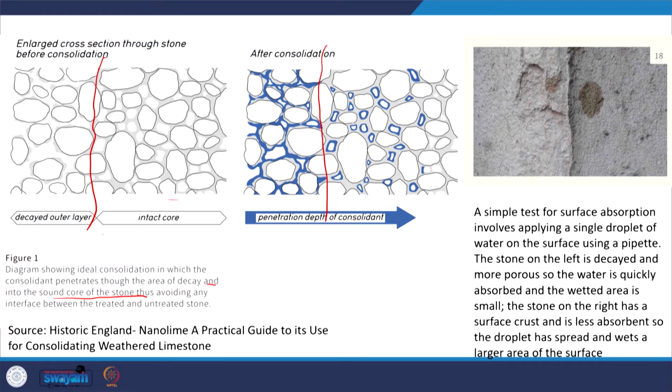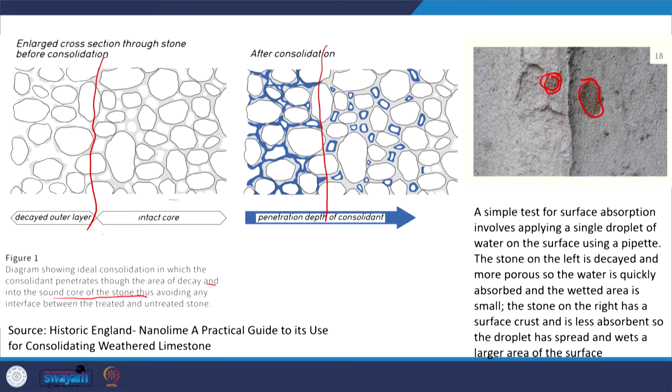There are many other tests. I'm just giving an understanding of one type of test, the surface absorption test. You put a single droplet of water on the surface using a pipette, and you can see the two vary. The stone on the left is decayed and has become more porous, so the water has absorbed into it and the wetted area is very small.